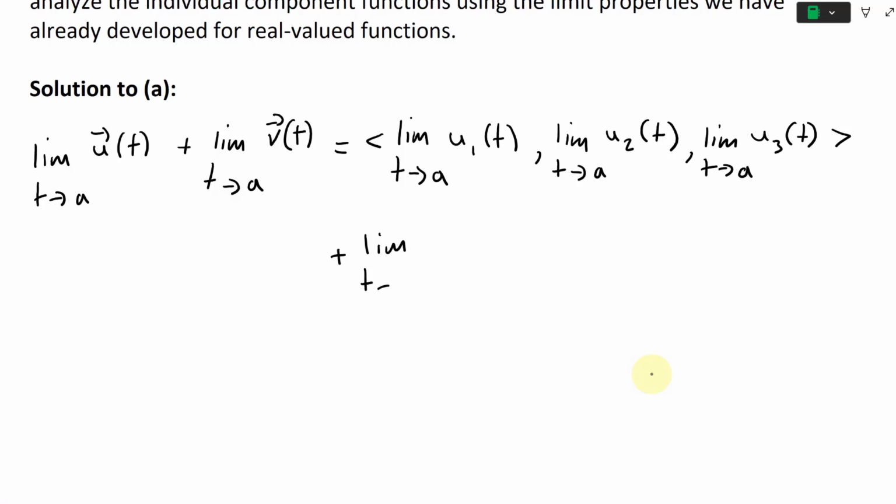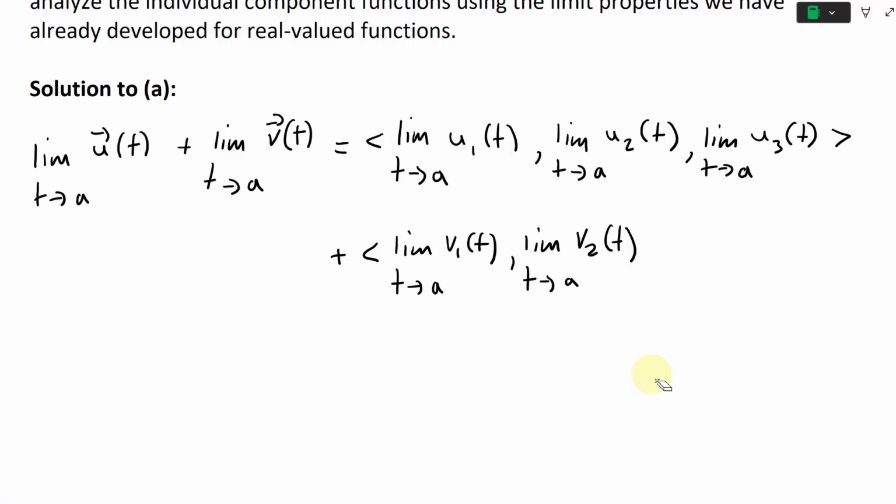The limit as t approaches a of v1 of t, and so on. Again, it's very tedious but straightforward. You just use definition 1 and put this all inside, and this last one is v3.